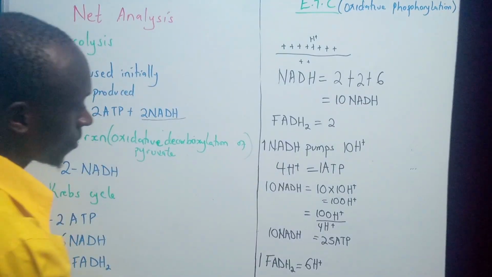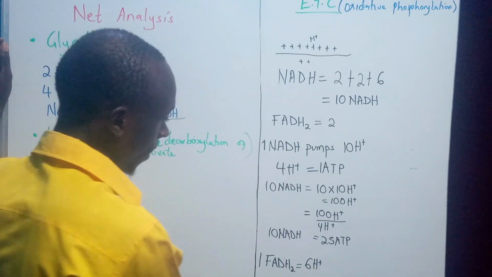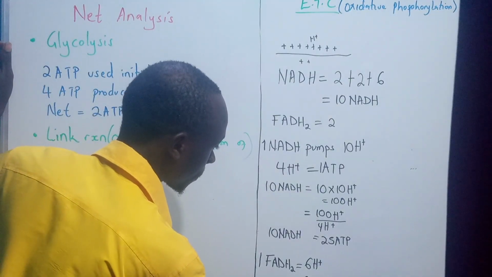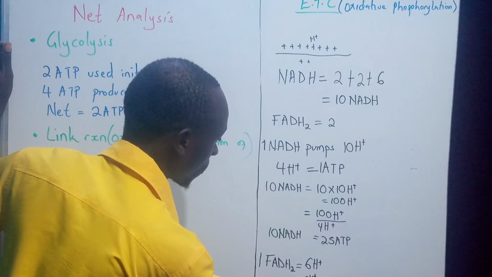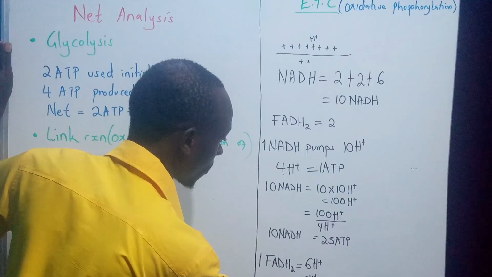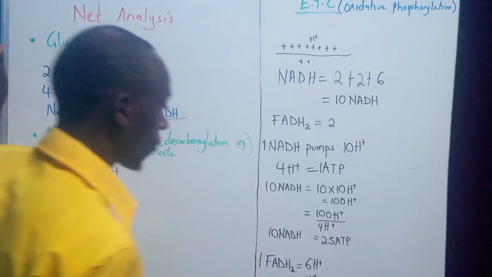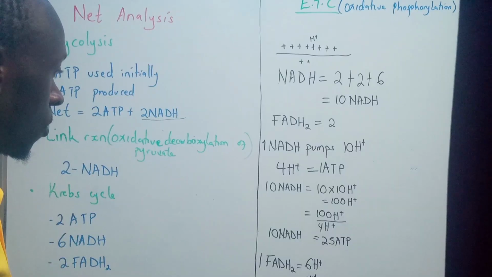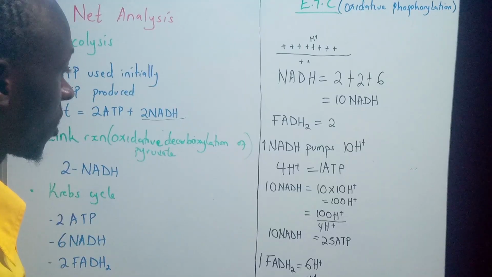So it implies that we are going to just get 6 hydrogen ions divided by 4 hydrogen ions. So in total, we are going to have a total of 1.5 ATP molecules. 1.5 ATP molecules are going to be formed as a result of the FAD entering into the electron transport chain.